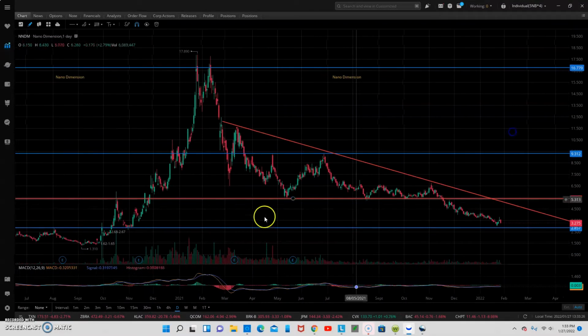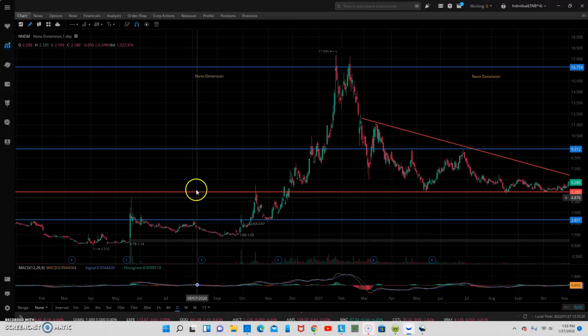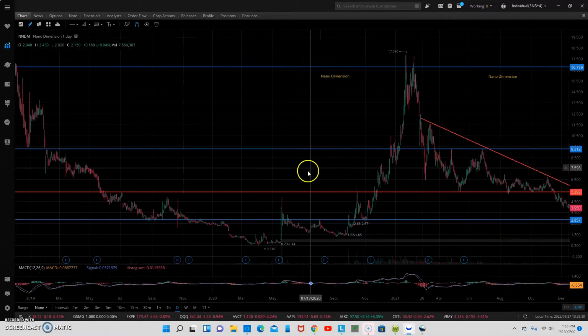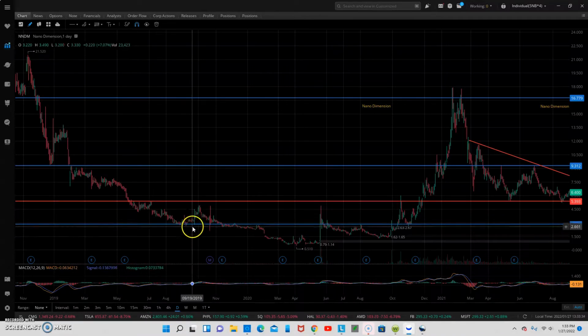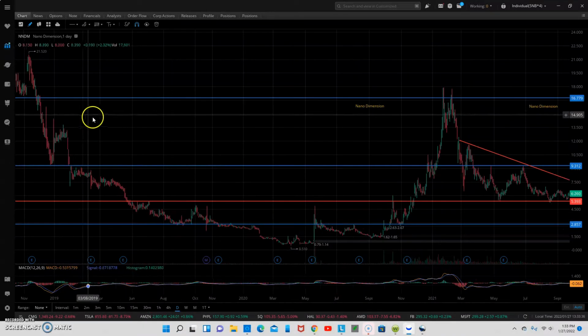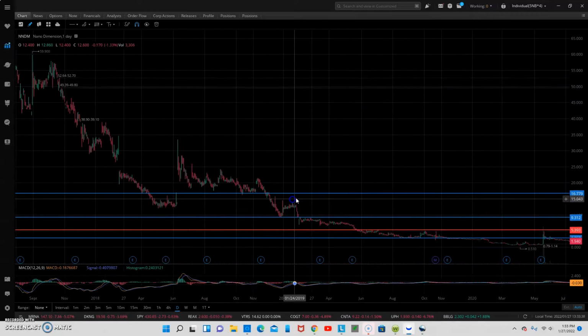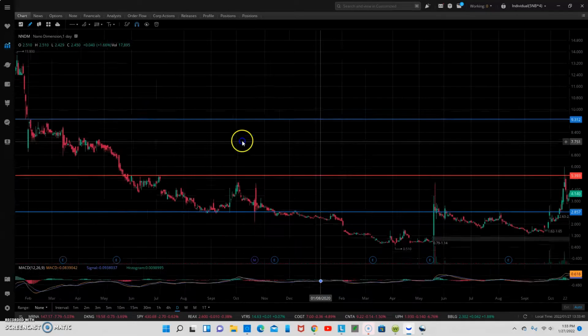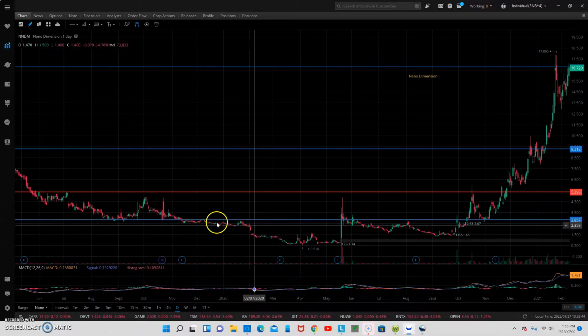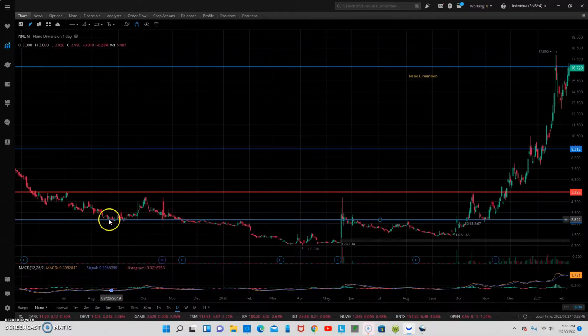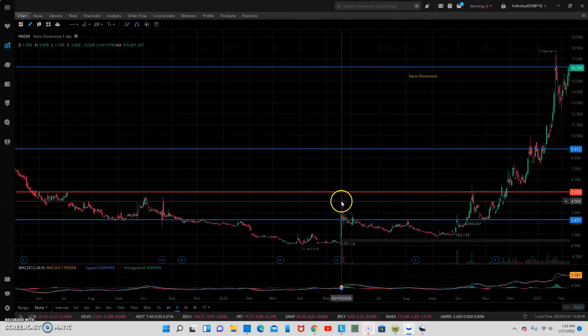$2.85. Let me show you why I have that line set up there at $2.85, because I go back to around 2019 when the stock made a huge fall from where it was at, and you could see it found support around that level of $2.85.